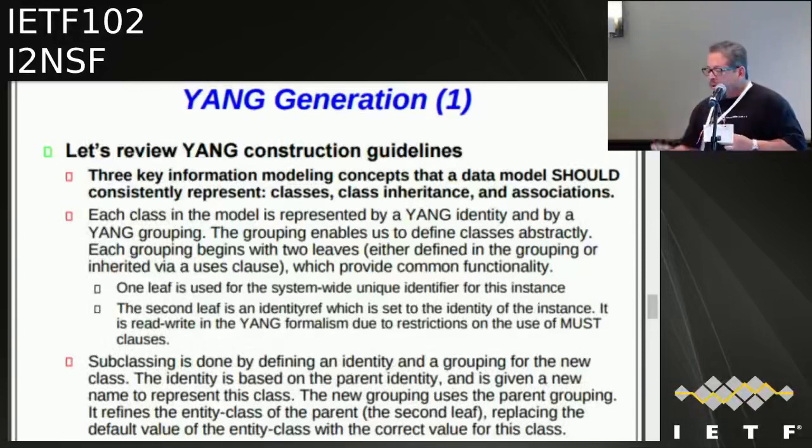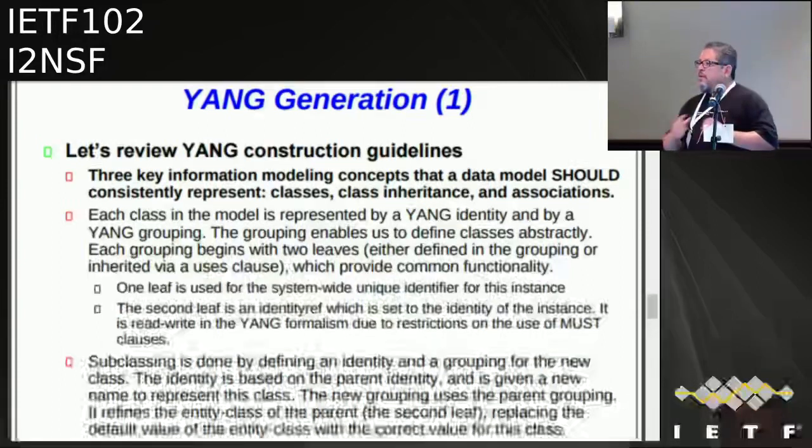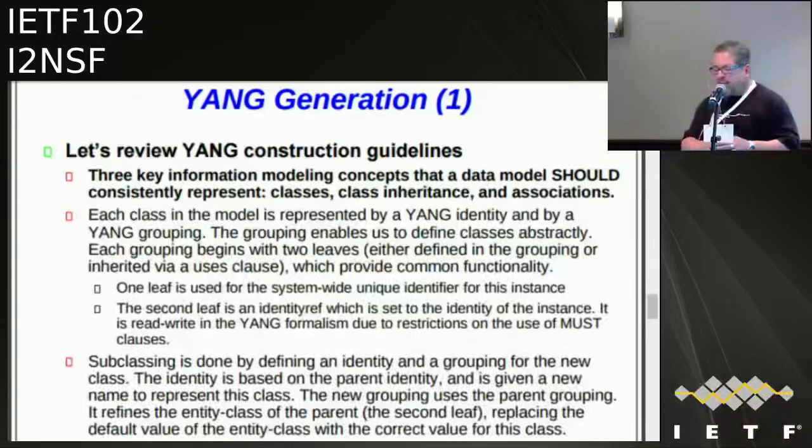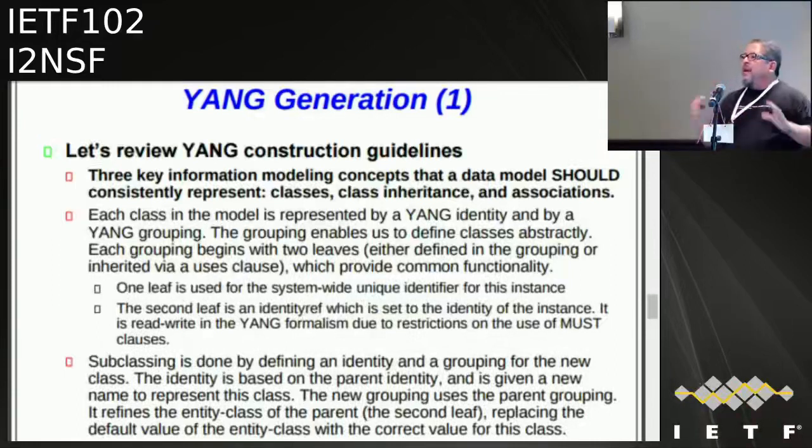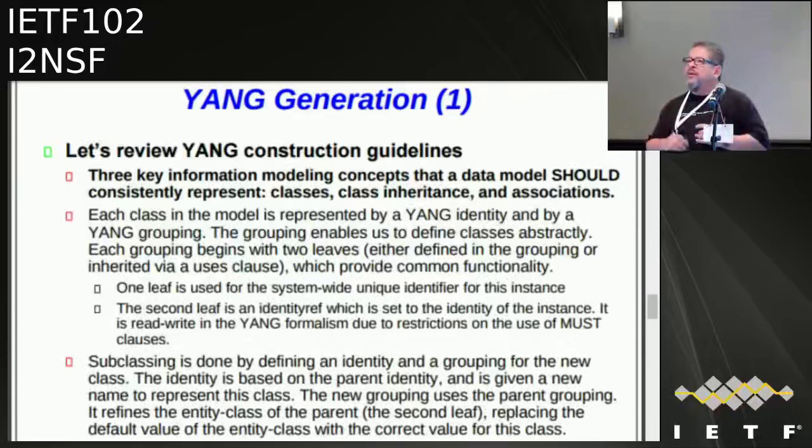So every class has a grouping. Every grouping has one leaf that has a unique system-wide identifier that identifies this instance, and the second leaf is just an identityref. And that allows you to do a very simple form of reflection.